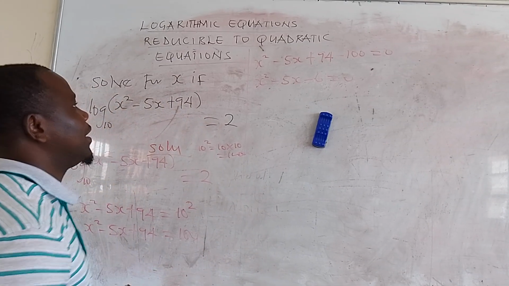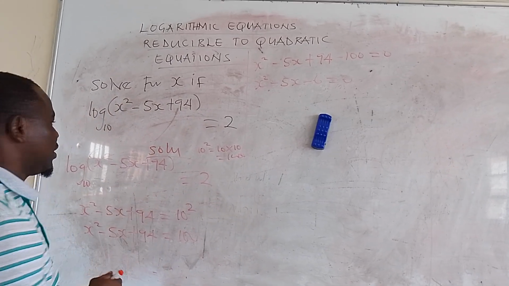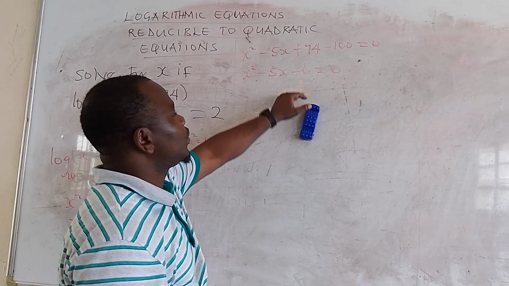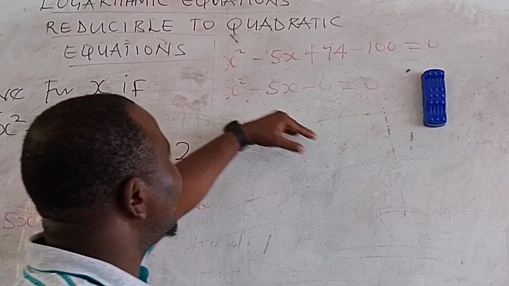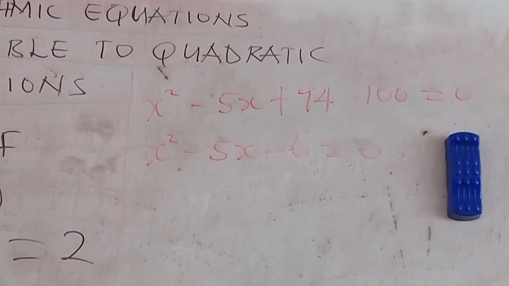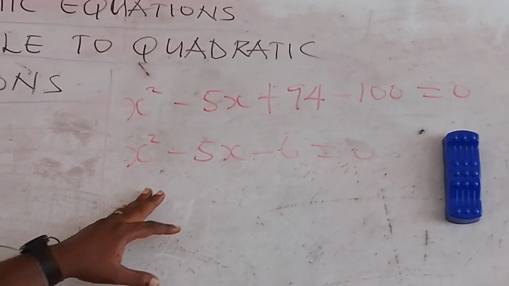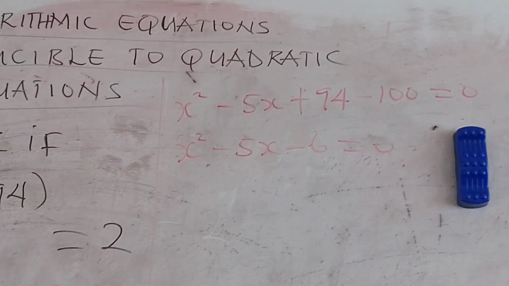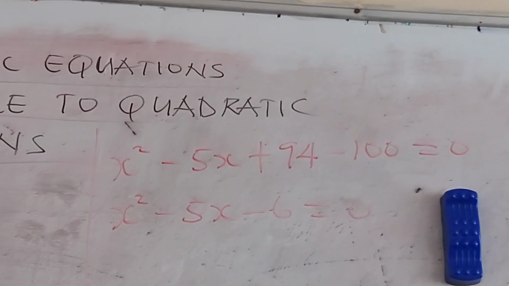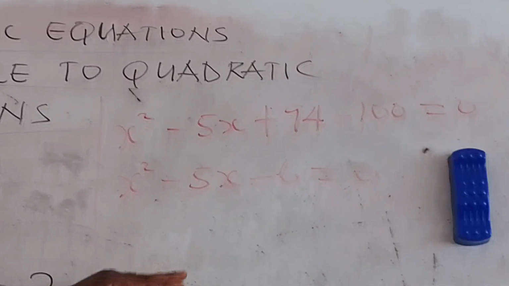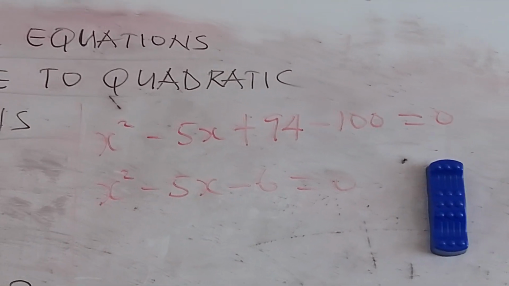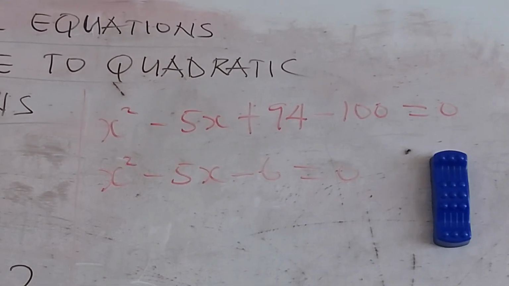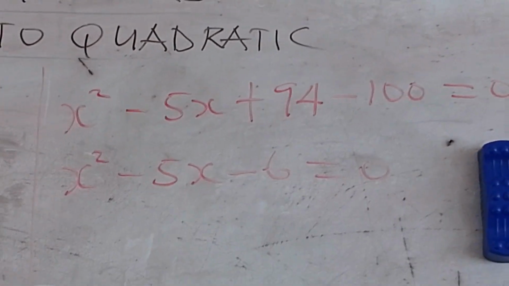You can now see that we have reduced this logarithmic equation to a quadratic equation. At this point, you can use the factorization method, the completing the square method, or the formula method, because it is not specified here which one you should use. You can use any one of them to obtain your x.